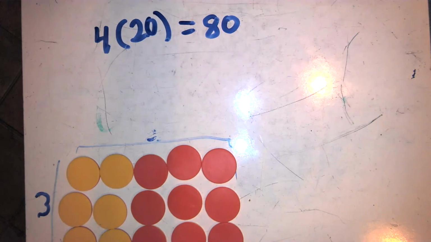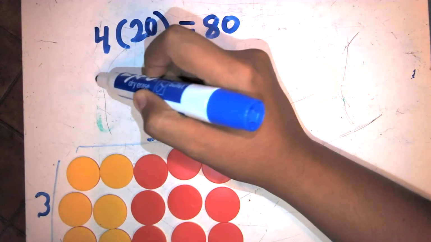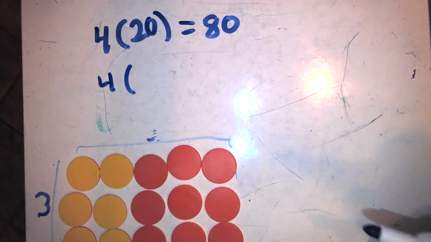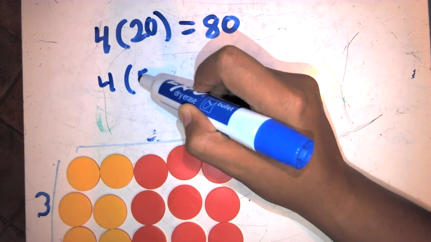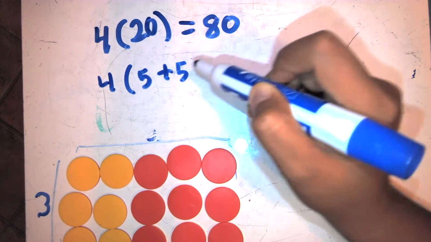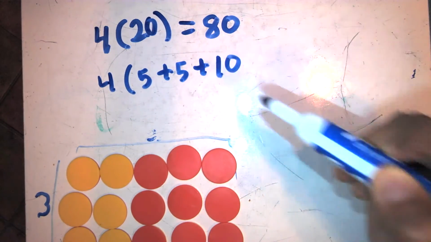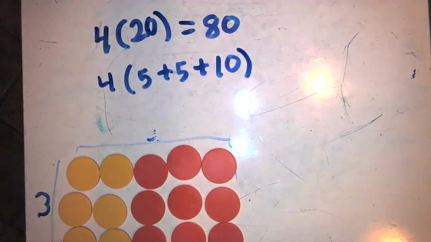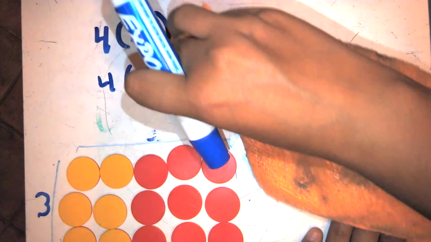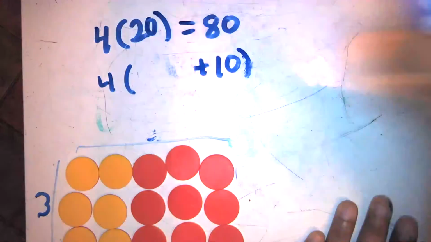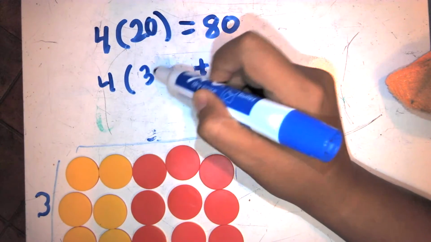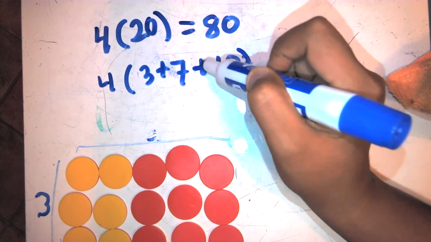Now I can write 20. 20 can also be written as, for example, 5 plus 5 plus 10. Or I can make it a little bit more interesting. I could do 3 plus 7 plus 10.